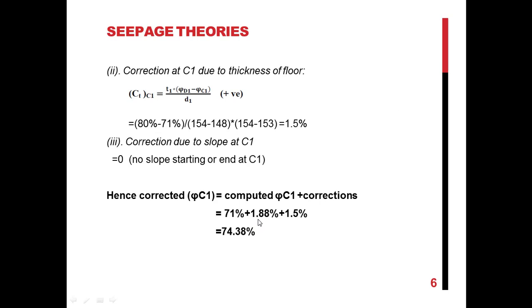The corrections are plus 1.88%, which is the correction due to mutual interference of the pile, and plus 1.5%, which is the correction due to thickness of the floor. Both these corrections are positive, so adding these corrections to computed phi C1, we will get the corrected phi C1 equal to 74.38%. So this is the corrected phi C1 value, or corrected percentage pressure at C1.